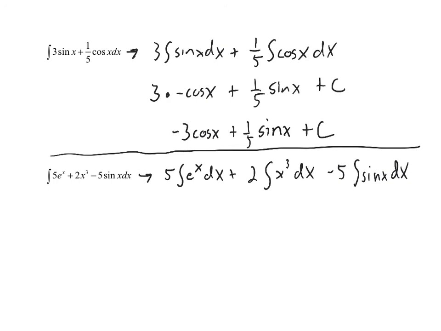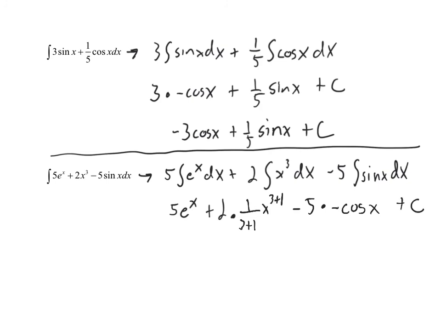Well, the antiderivative of e to the x is e to the x, so that one's easy. 5 e to the x plus 2 times x to the third. We use that power rule, the x to the n rule: 1 over 3 plus 1, x to the 3 plus 1. Minus 5 times the antiderivative of sine, which is actually negative cosine.